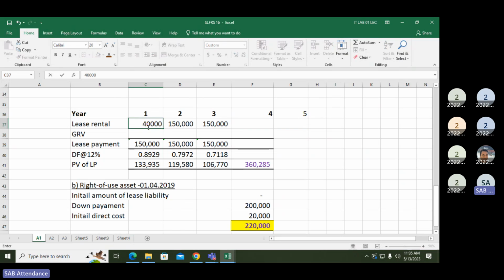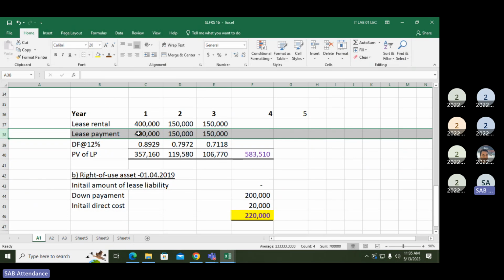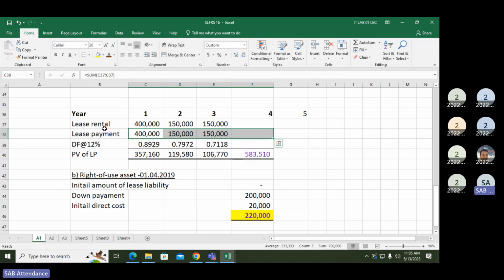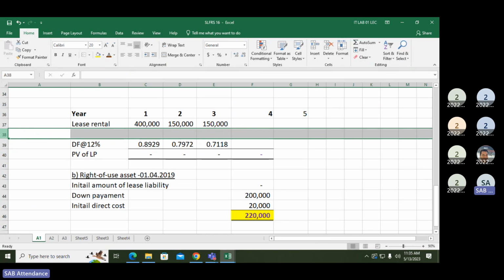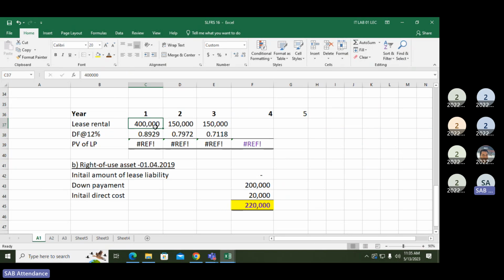400,000 is the rental, 400,000 lease payment over 5 years.